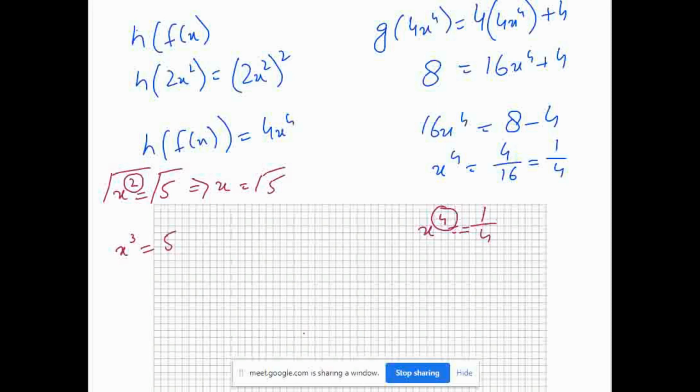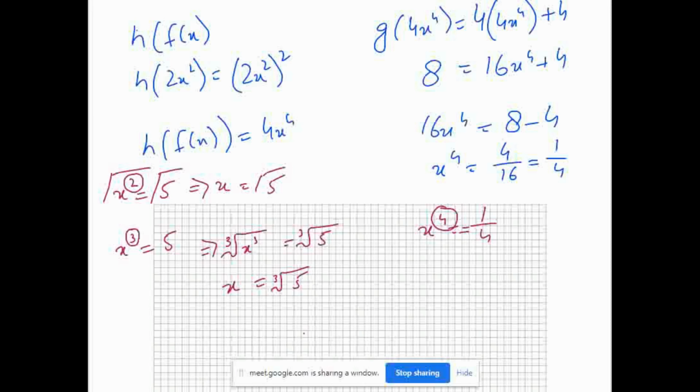Now if I ask you to remove this 3, what you have to do? You have to use the cube root. Okay, cube root of 5. So it means that x will be equals to cube root of 5.